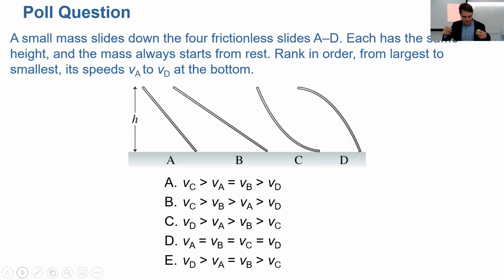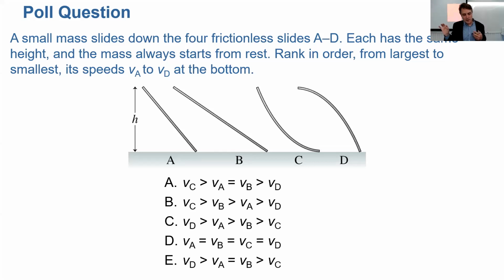You get the same answer, but let's do a poll. A small mass slides down the four frictionless slides, A, B, C, and D. Each has the same height, and the mass always starts from rest.